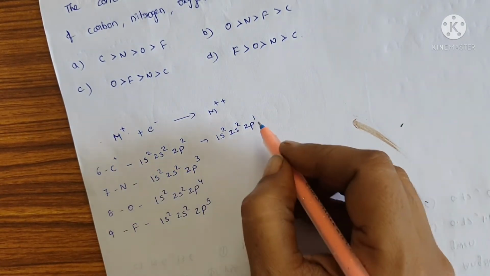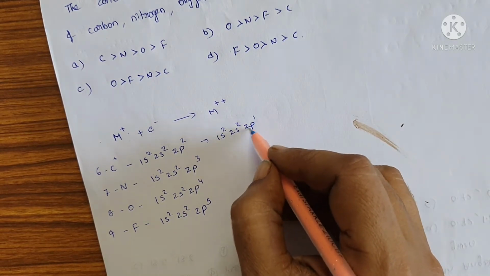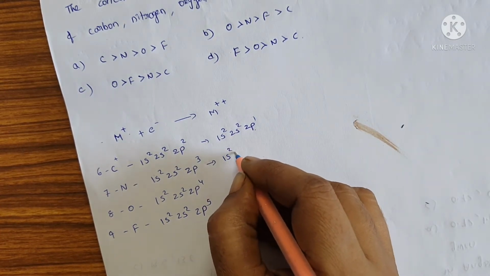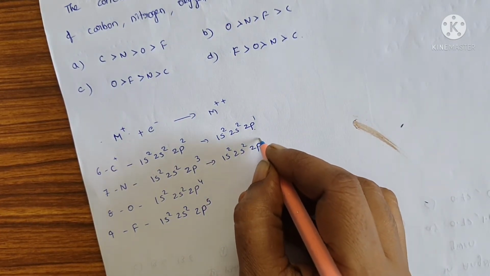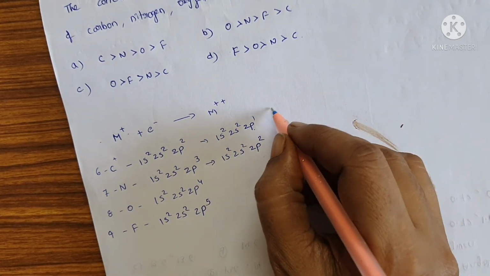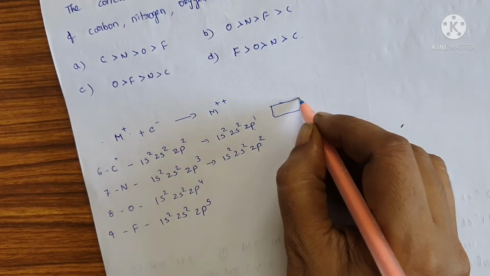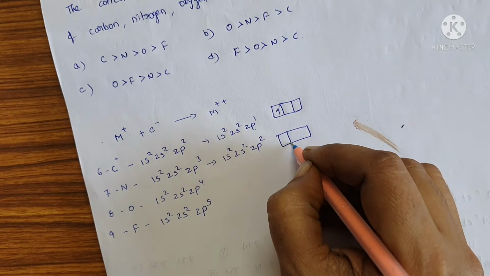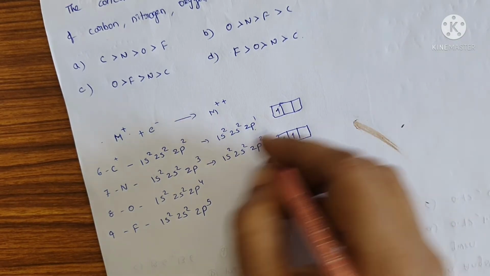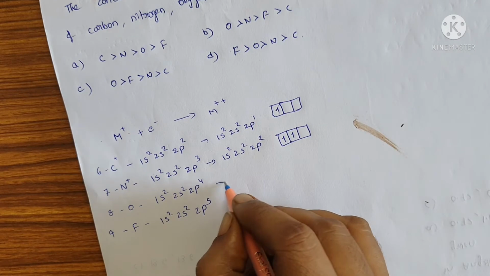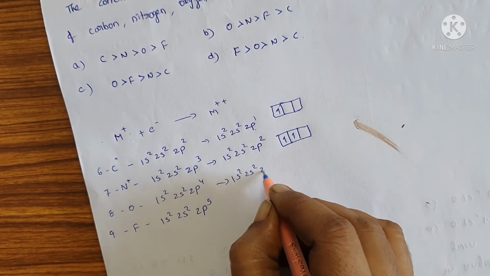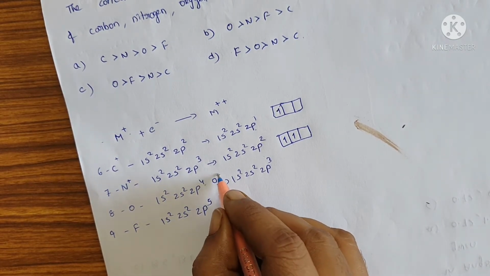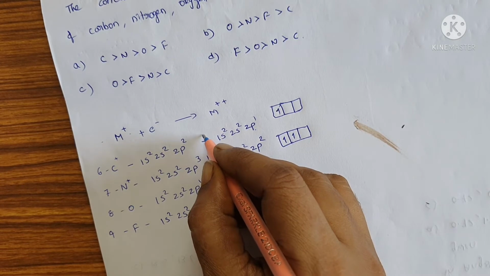For nitrogen, N+ is 1s2, 2s2, 2p2, because we are taking one electron. This is N+, this is C+.